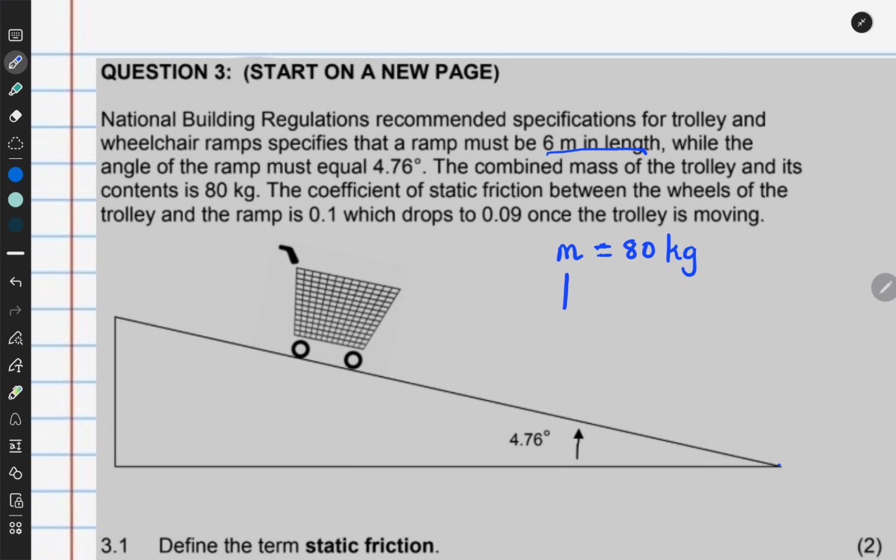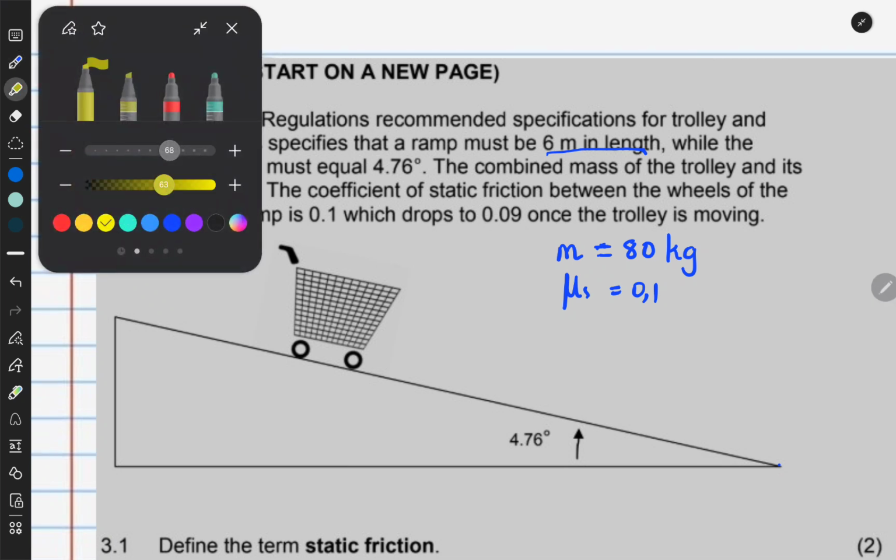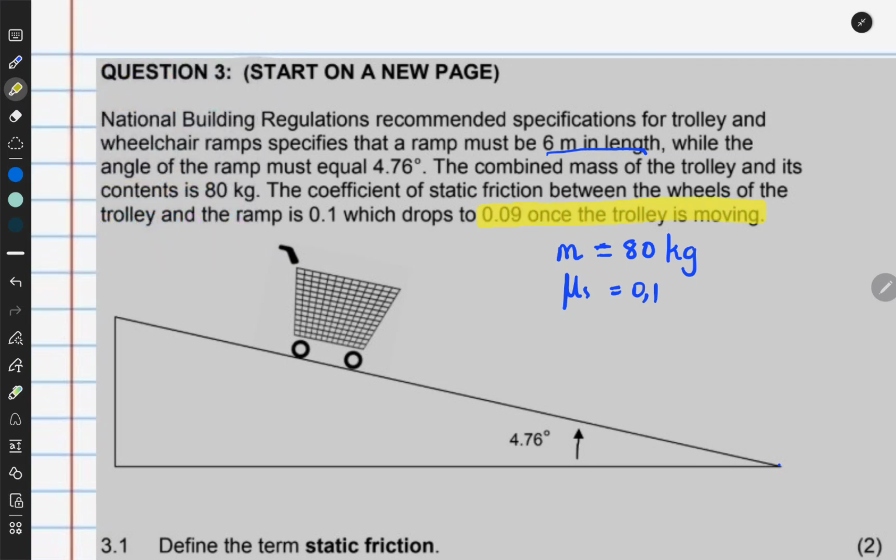We are told that mu is 0.1, which drops to 0.09 once the trolley is moving. So notice what they did here. They're saying this drops to 0.09 once the trolley is moving. We know that the only kind of friction we experience once an object is in motion is kinetic friction.